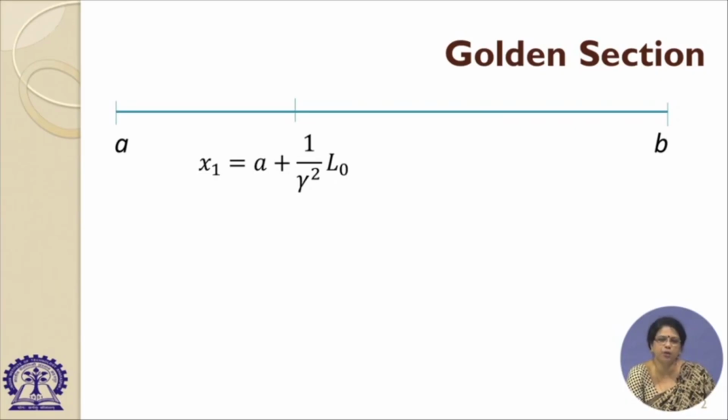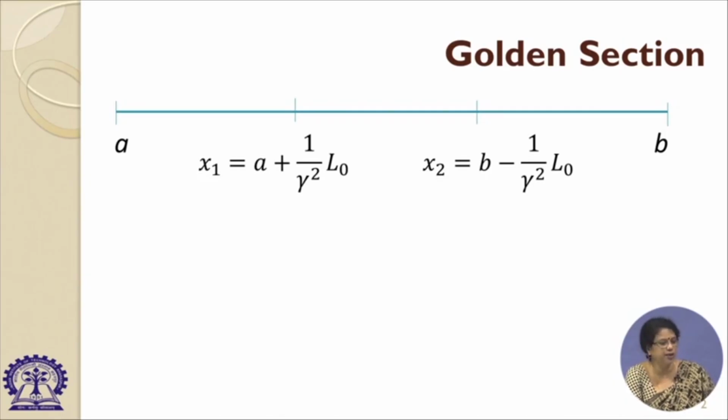The Fibonacci method was based on the Fibonacci numbers, but the golden section method is based on the parameter gamma. First point we will consider, that is x1, and the second point would be equal distance apart from the point B, that is B minus 1 by gamma square L naught.